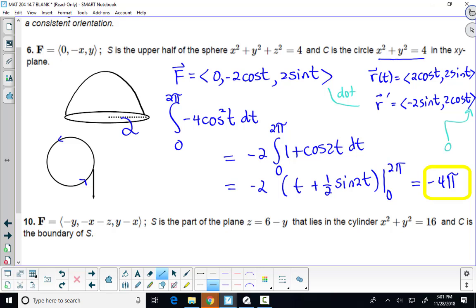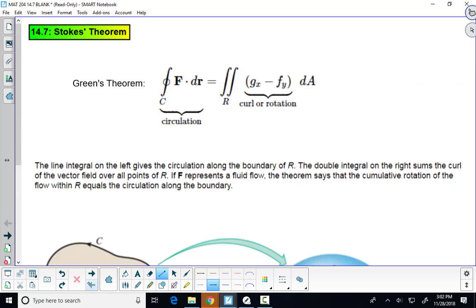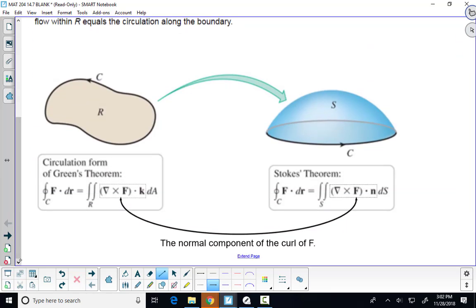Grant? I have a question about the definition of Stokes' Theorem. It says, let S be an oriented surface in R3 with a piecewise smooth closed boundary C whose orientation is consistent with that of S. How does it want the boundary C to be consistent with S? Is that like the right-hand rule? Yes, exactly. If we go counterclockwise around this, then the normals are pointing out. In Stokes' theorem, one side is a surface integral, and it has a normal vector. That normal vector has to line up with this curve.